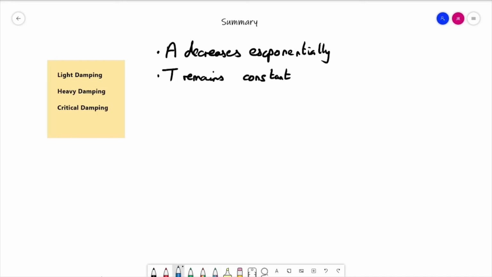For heavy damping, where we have large damping forces, bigger than any forces acting in the SHM system, it will simply return to equilibrium very slowly.